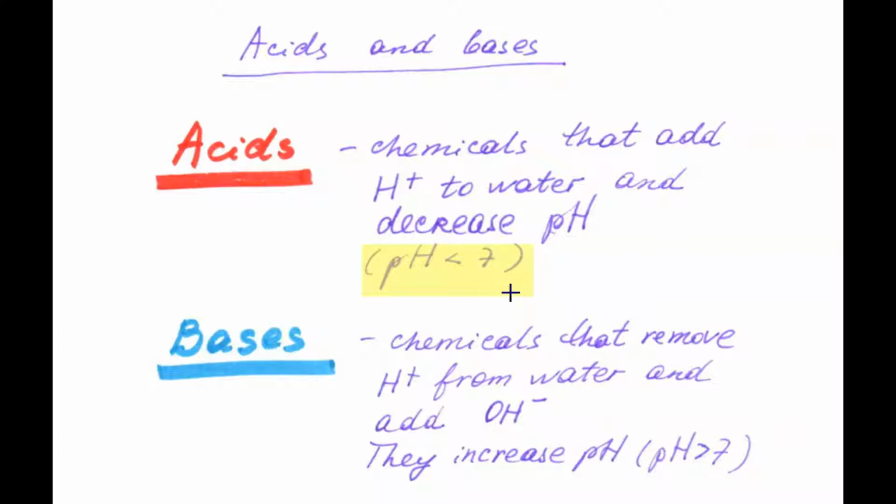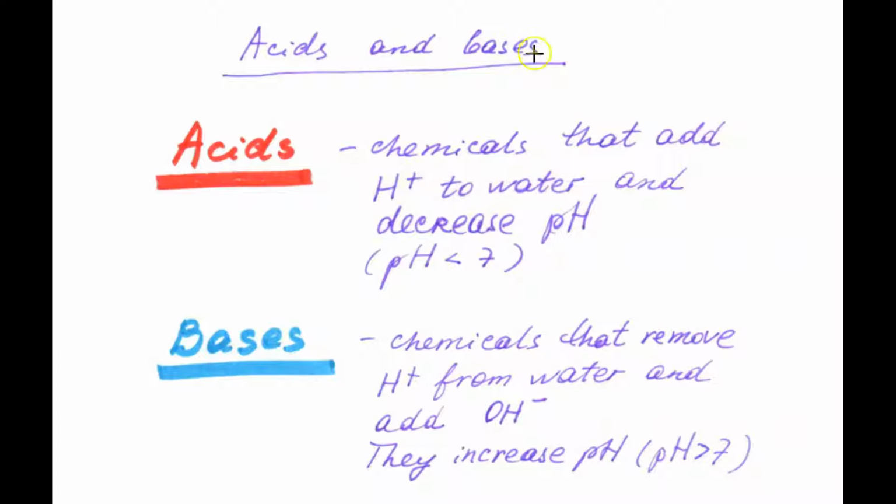There are many examples of acids in our environment, but in a nutshell, they always add hydrogen ions, H+, to the water, and this is what makes the pH drop.